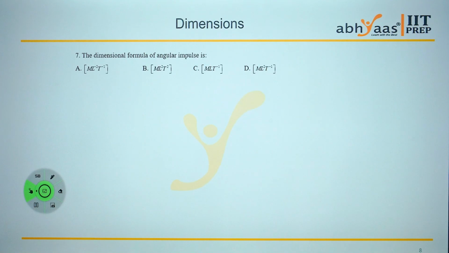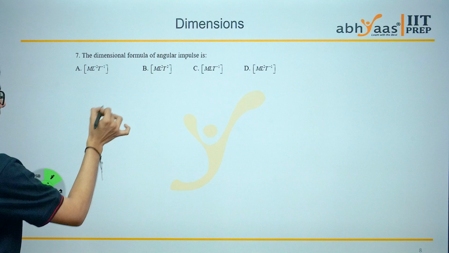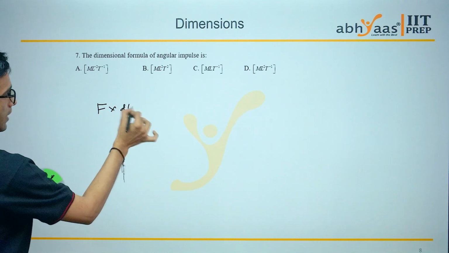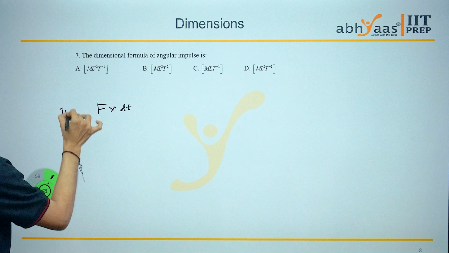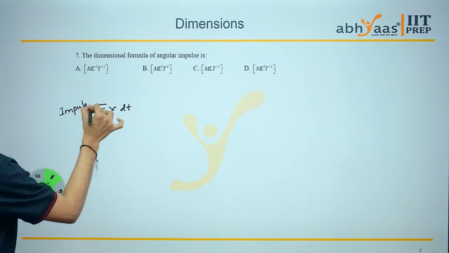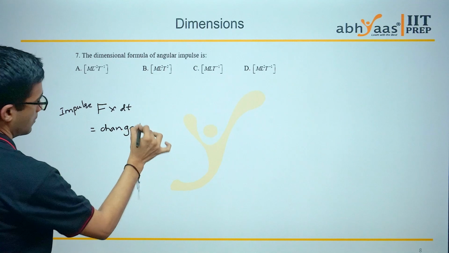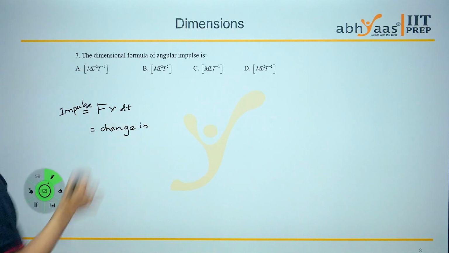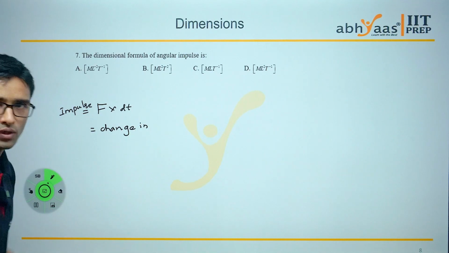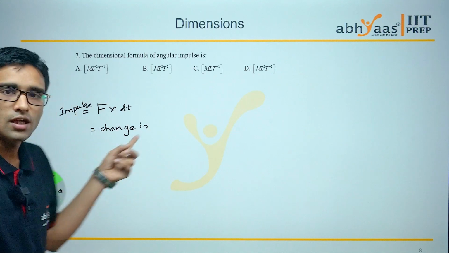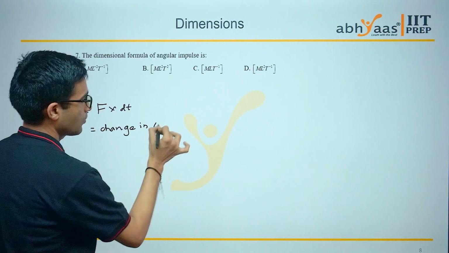Next one, dimension formula of angular impulse. So how you have force into time, you are getting impulse. That is also change in momentum. Impulse equal to force into time. Large amount of force acting in small interval of time is called impulse. That is equal to change in linear momentum.